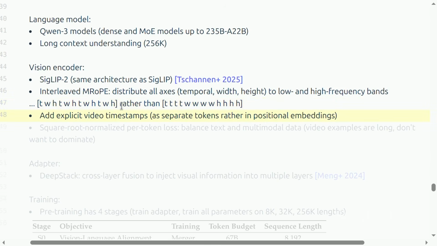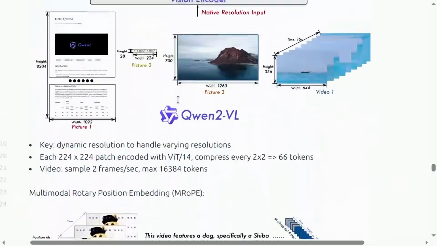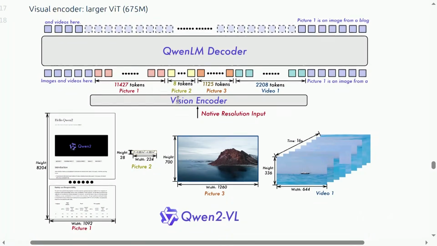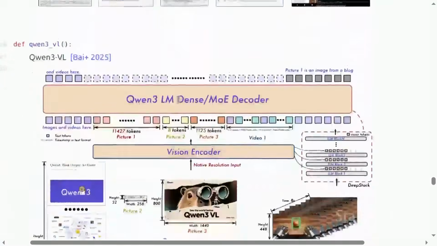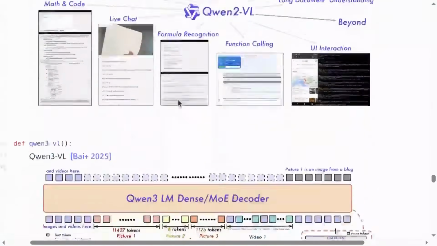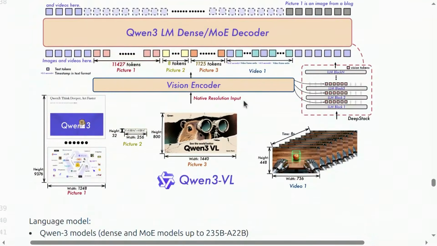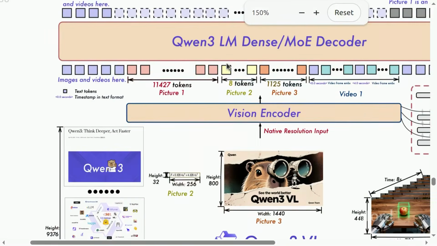Another thing they did was explicit video timestamps. If you look closely at this, this is probably a little bit too small, but before, the timestamp was implicit in the positional encodings.